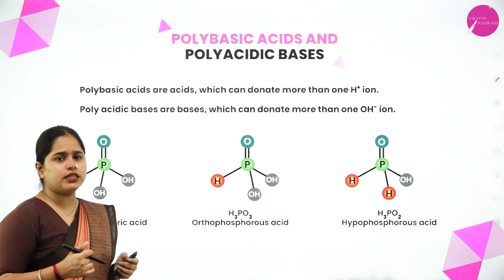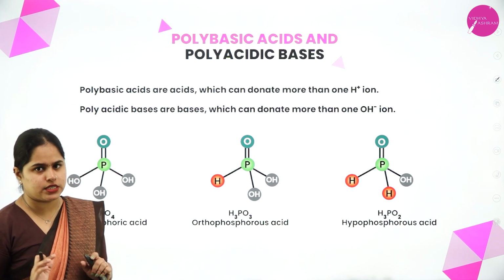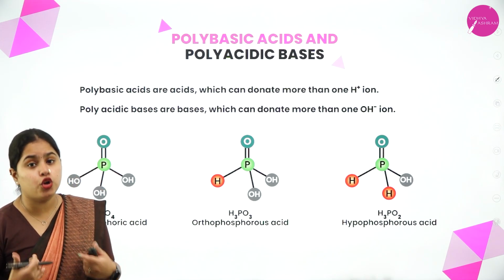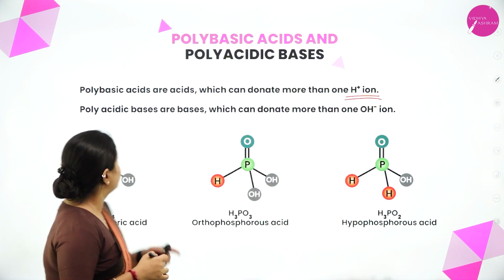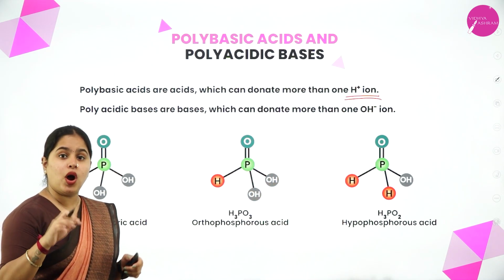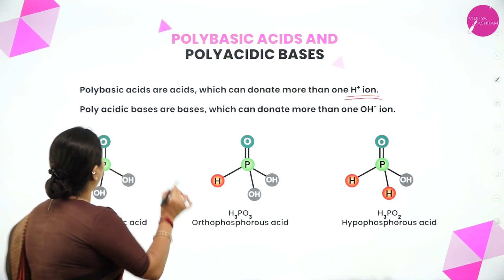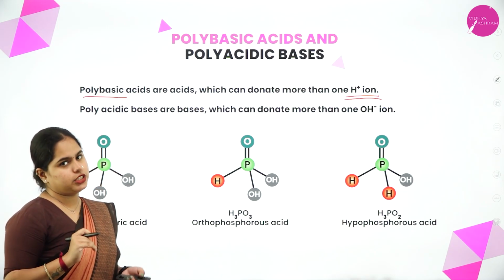So from the poly word itself you can say something is present in many amounts there. So let's see. Polybasic acids are acids which can donate more than one H plus ion. So acids means which can donate H plus ions, right? So polybasic acids means which can donate more than one H plus ion.